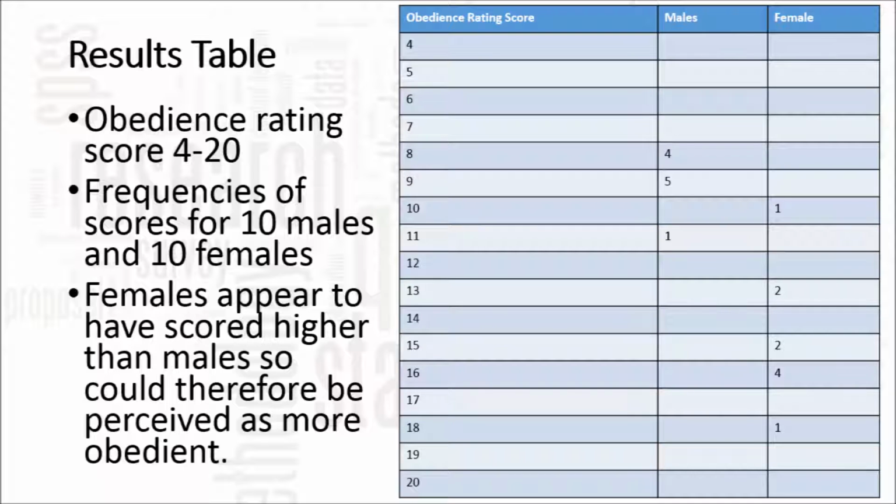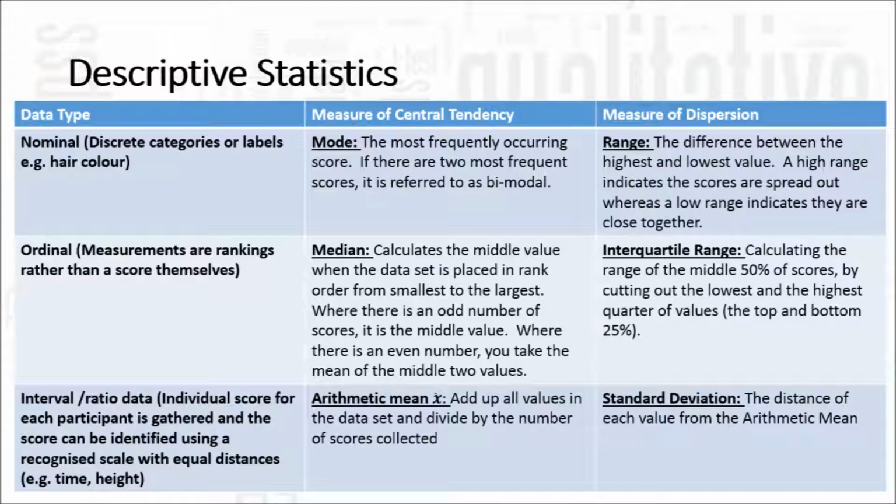So obviously this is 10 males and 10 females. As you can see from the frequency data, it appears that females rated themselves more highly in terms of perceived obedience than males. Okay, so now we've got our table of results showing frequencies.